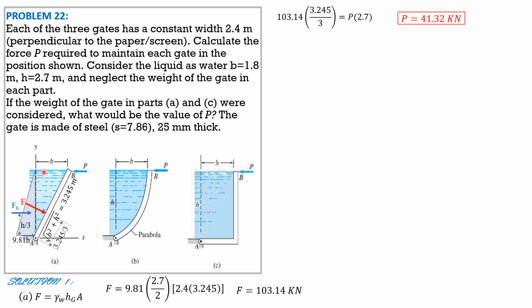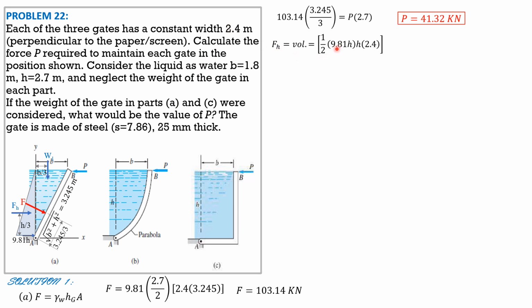And FH is the volume of this pressure diagram, 1/2 of the area of the triangle, 1/2 of 9.81 H times the width perpendicular to the board, 2.4. And we have weight 1, the weight of water, and its distance is 1/3 of B from this vertical line or y-axis.